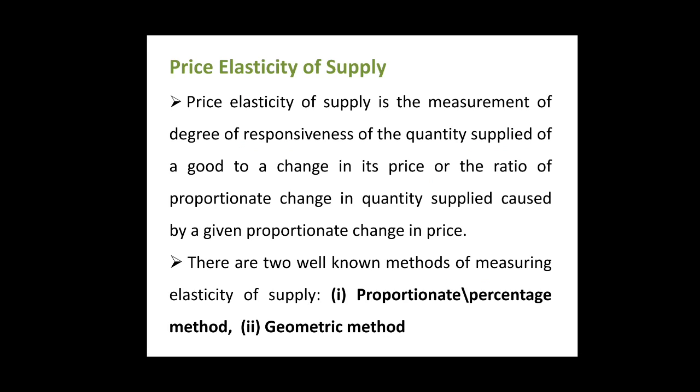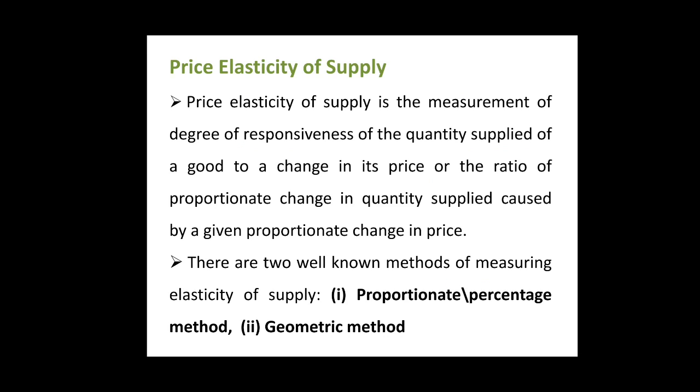Thus, with the help of elasticity of supply, we can establish a quantitative relationship between the supply of a commodity and its price. Hence, we can express the numerical changes in supply with the change in the price of a commodity. Dear students, there are two well-known methods of measuring elasticity of supply.